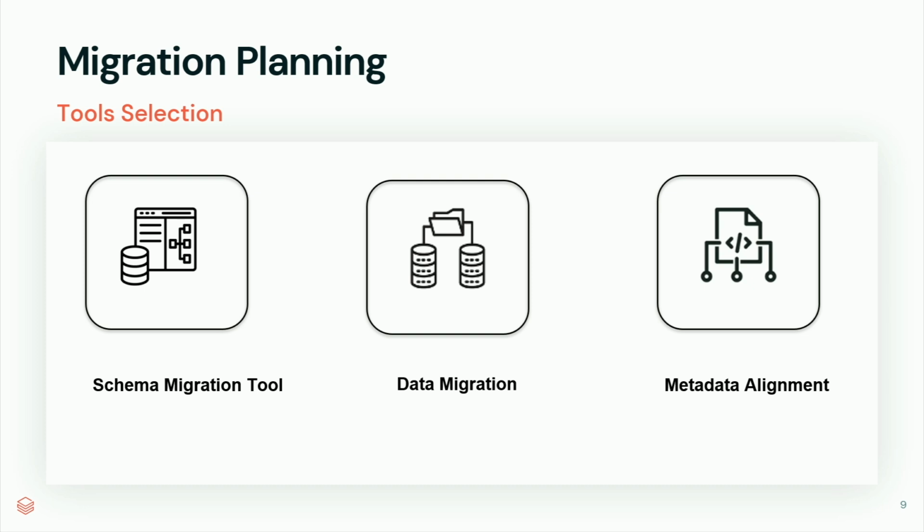So no security permission was overlooked, no data lineage was broken. These three components, the schema migration tool, the data migration tool, and the metadata mover, became the foundation of this transformation, and together they turned what would have been a risky leap into a graceful stride into the data future.